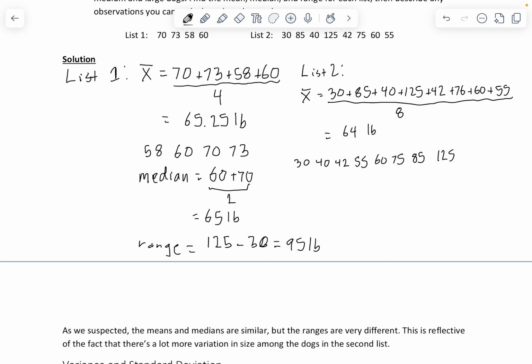Once again, there are an even number of numbers, in this case 8 numbers, so there are 2 middle numbers, 55 and 60. So the median is found by adding those 2 numbers up and dividing by 2, which gives me 57.5.